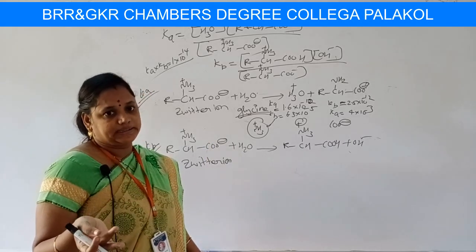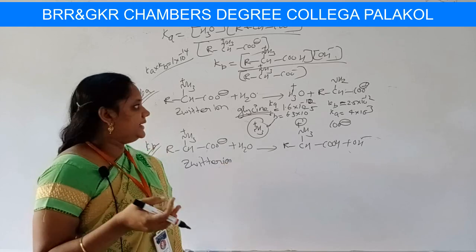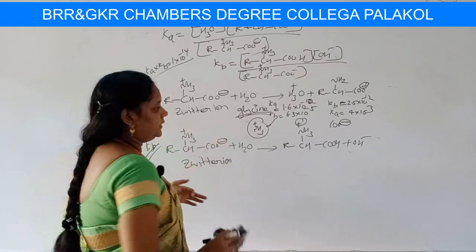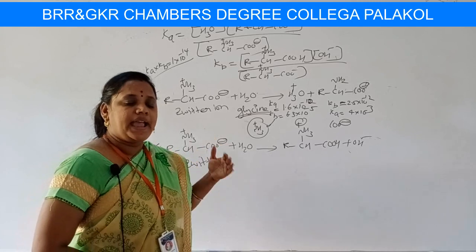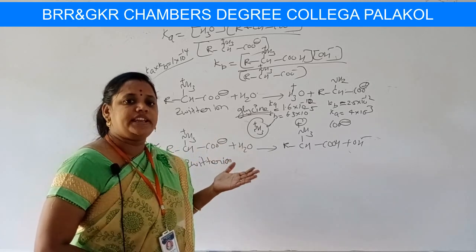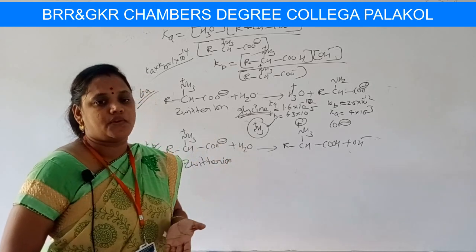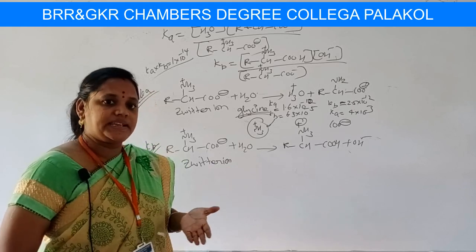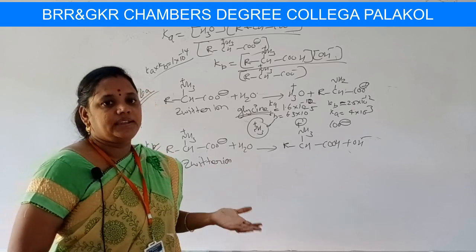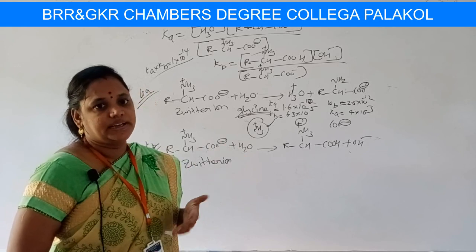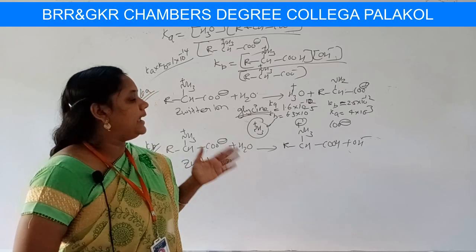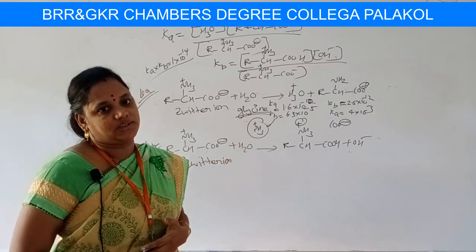And in the electrolytic case, what happens here? Let us see one equation. Another proof is that IR spectra studies show that there is no free NH2 group and no free COOH group. So that result says that if they are not free, they are ionized. That is, it supports that amino acid has a dipolar structure.